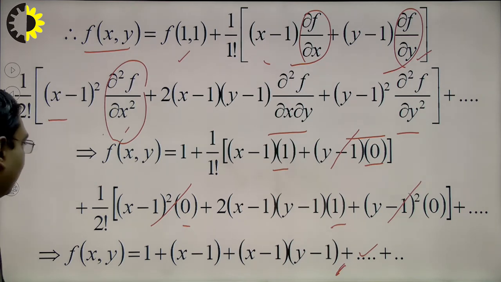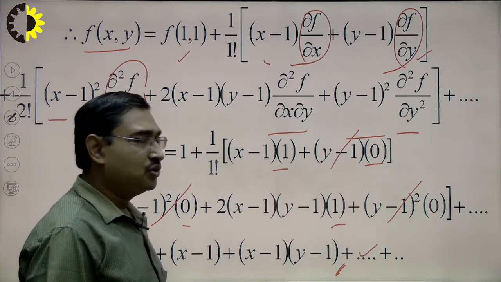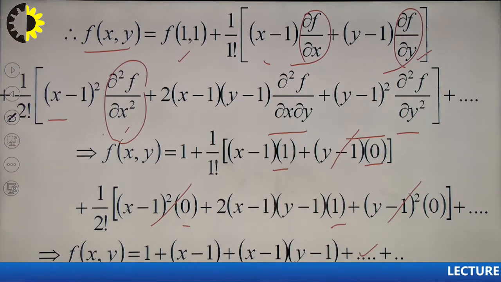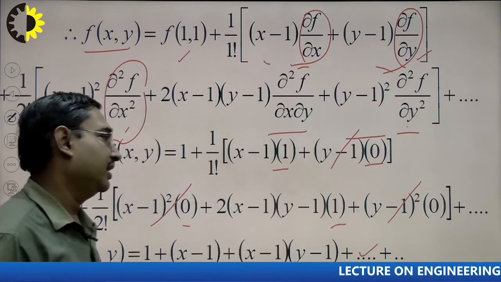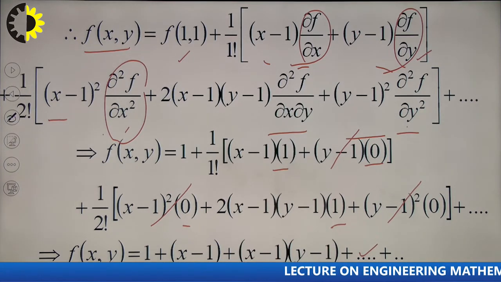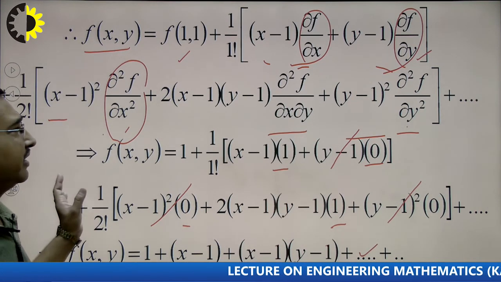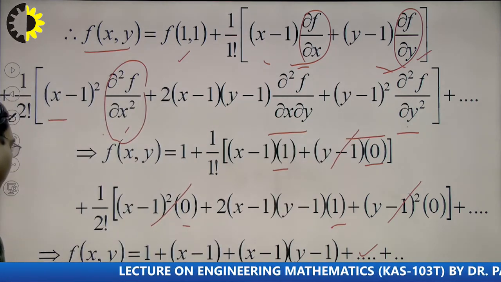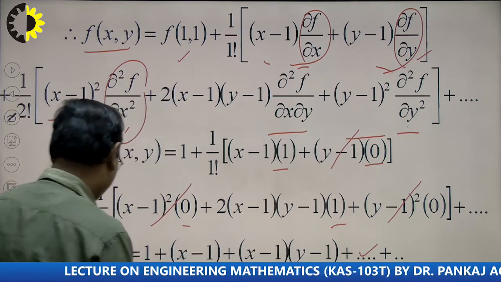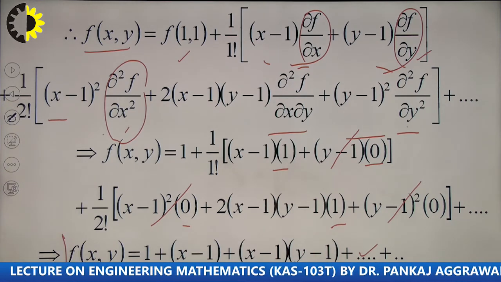Now we obtained the values of a and b, and substituting a for x, b for y, I calculated values of each of the partial derivatives. Then Taylor's series formula was used, and substituting the values of a and b along with values of partial derivatives, I obtained the required expansion of the function.